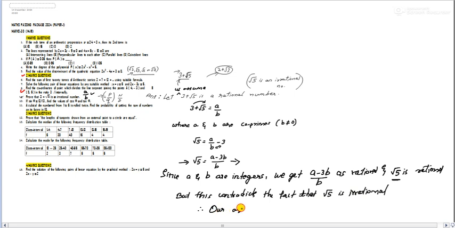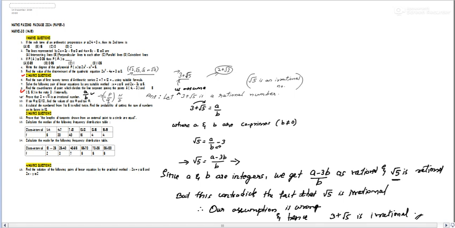Therefore, our assumption is wrong. And hence, you can write that 3 plus root 5 is irrational. That's all.